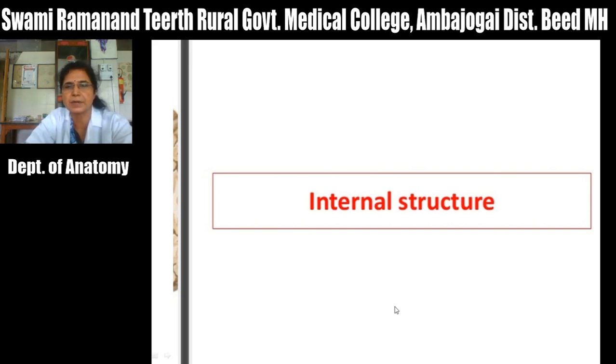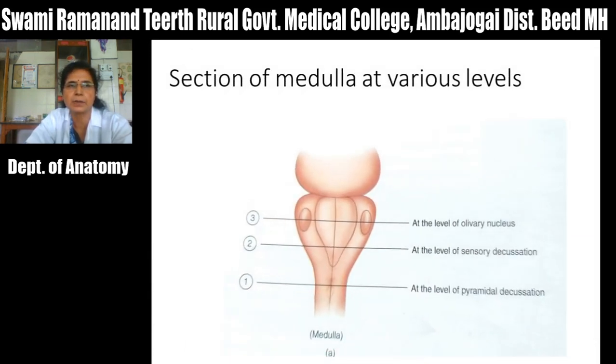Another structure inside the medulla is the inferior olivary nucleus, and one other structure is the thick bundle of fibers called the inferior cerebellar peduncle, which connects the medulla with the cerebellum. The internal structure of the medulla is studied by taking transverse sections at different levels.